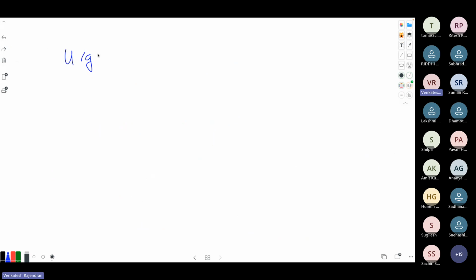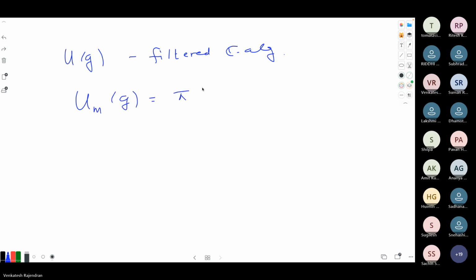So UG is indeed filtered. Let's call UM of G the image of this TMG. Let's call this pi the quotient map from TG to UG.